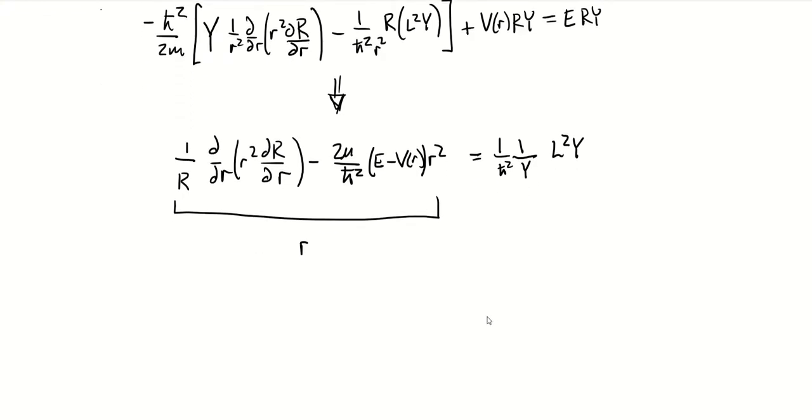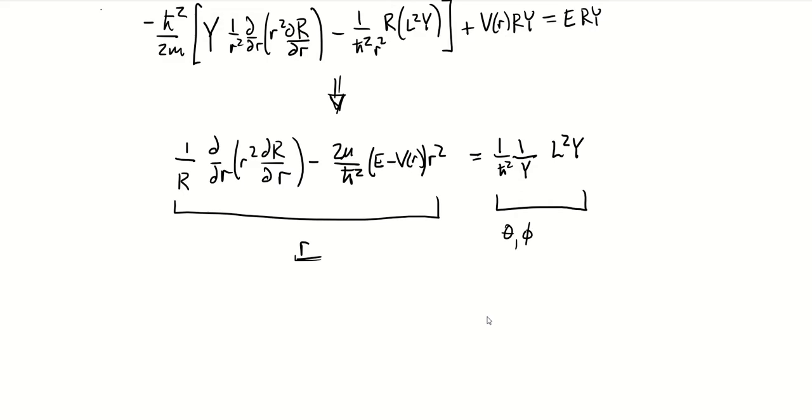But we've got this side only depends on our r component, and this side only depends on our angular components theta and phi. Now what this means is, if you think about it, this equation is true everywhere. So we're free to change r, theta, and phi to whatever we want, and this equation's true.